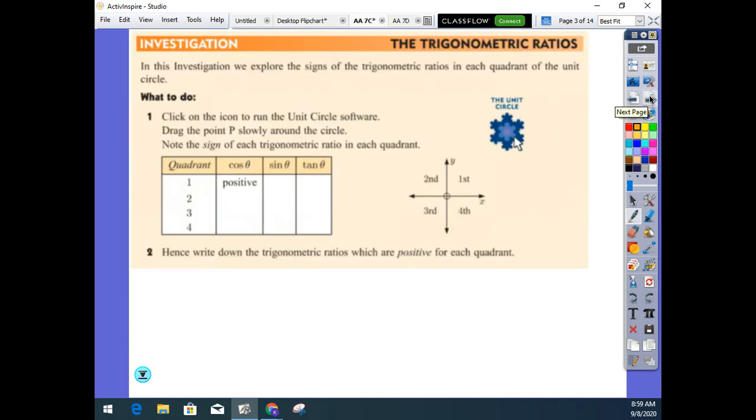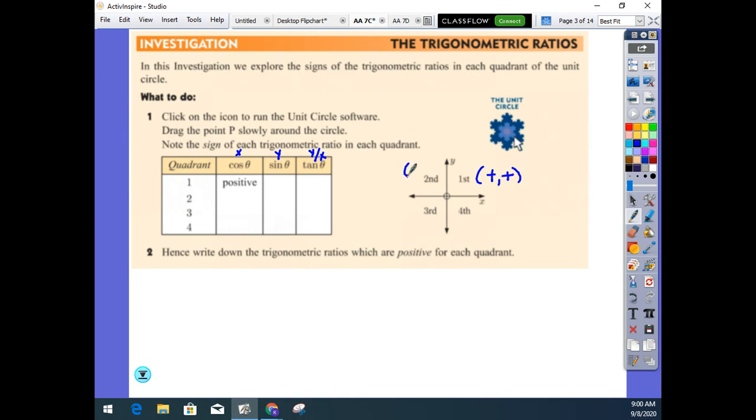Now, this is kind of a nice little exercise. If you are on Snowflake and want to try, see how it works, that's fine. But you can actually calculate this pretty easily. We know that cosine is the x, sine is the y, and tangent is y divided by x. In the first quadrant, x is positive, y is positive.